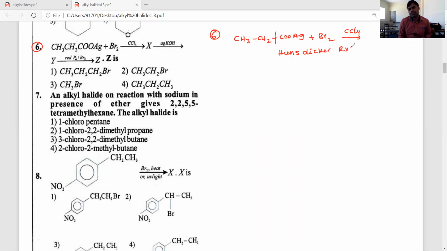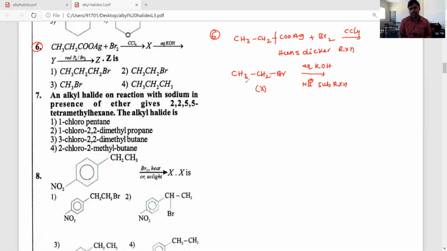Now the product is CH3CH2Br. The remaining byproducts CO2, HBr and AgBr form. This is the major product, X. Now this reacts with aqueous KOH, which means a nucleophilic substitution reaction. What type?